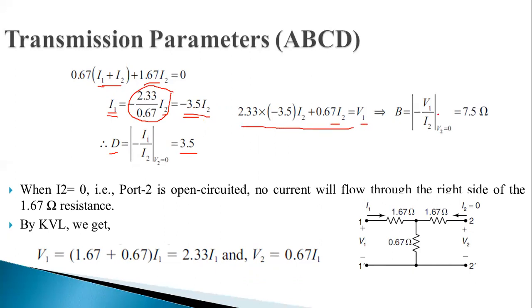From that equation, I can say that B equal to V1 by I2 with V2 equal to 0, equal to 7.5 ohm. So this is the parameter B. Similarly, with respect to open circuiting port 1, we will get the equation, and from that we can find the values of A and C.